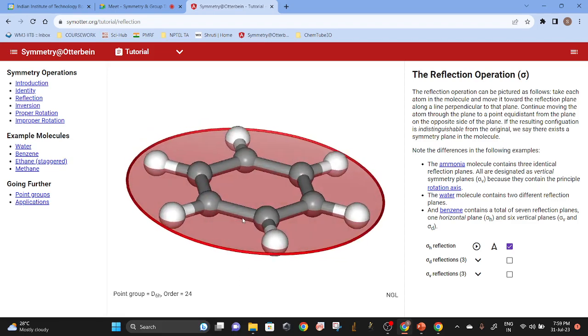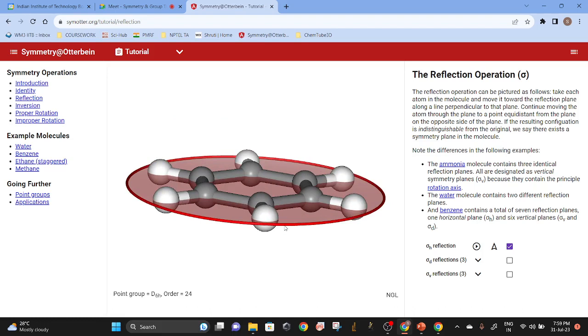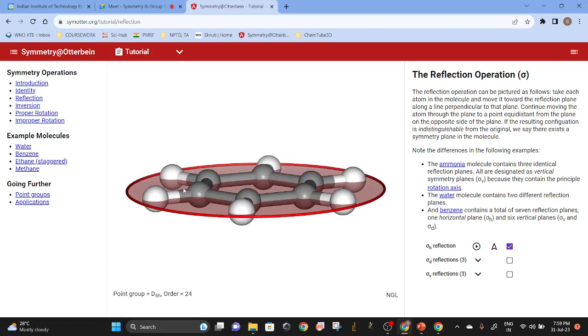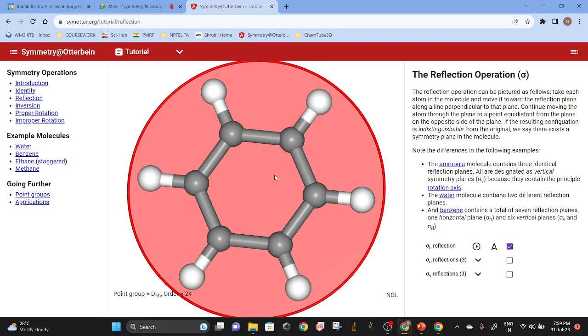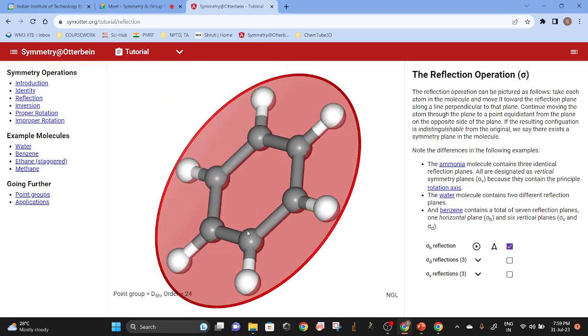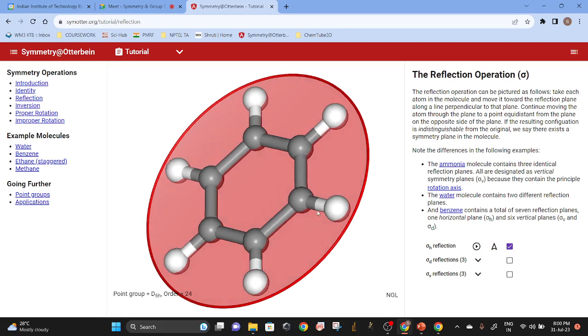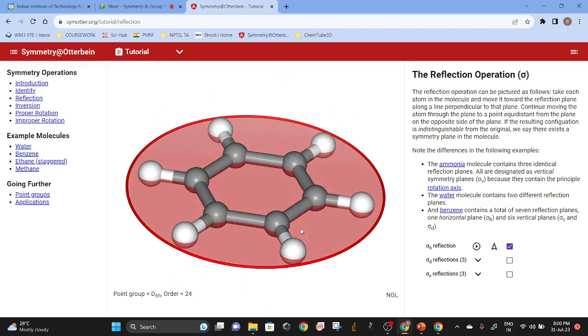Suppose this is a circular table and this benzene molecule is kept on that, then the plane that reflects all the atoms up and down, as if I slice it through the plane, the molecule gets sliced in half. This kind of plane which contains all the atoms of the molecule is called the molecular plane. The molecular plane can be sigma h, and sometimes it cannot be sigma h. Okay, so count the numbers.